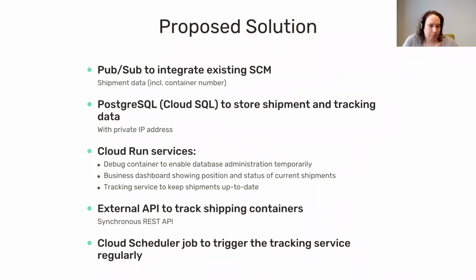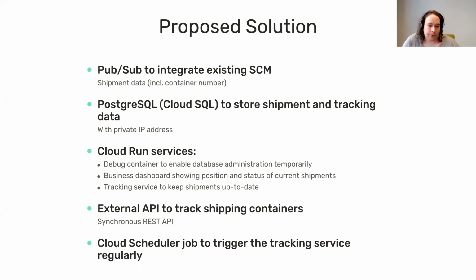I really like PostgreSQL as a general purpose database. It not only supports relational features, you can also work more in a document-oriented way, and you can also use geo data, which might be particularly interesting for this use case, with PostGIS.